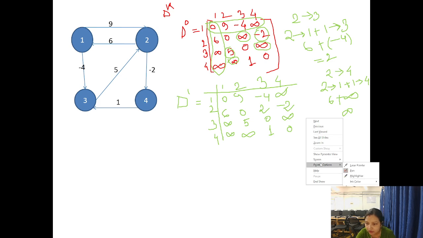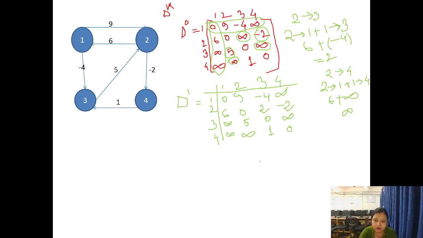Okay, now let me change the color of the pen. Now from the D1 table we will create D2. 1, 2, 3, 4, 1, 2, 3 and 4.